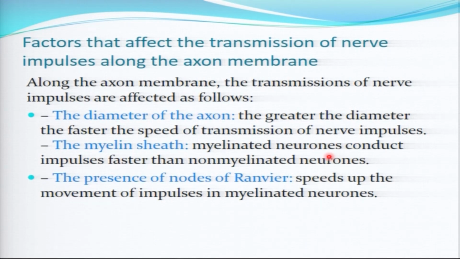When the impulse is there in the axon, it is insulated, and when it is insulated, it can move faster. Another factor is the presence of nodes of Ranvier. As I have said, nodes of Ranvier speed up the movement of the impulse. So this we have seen.